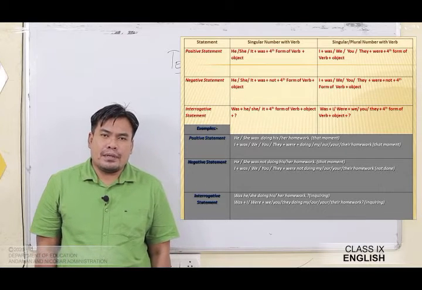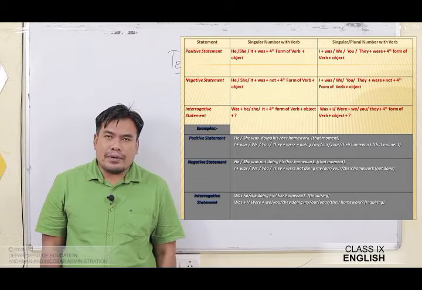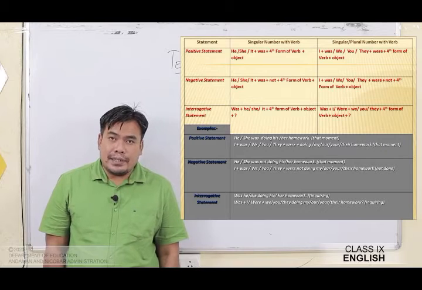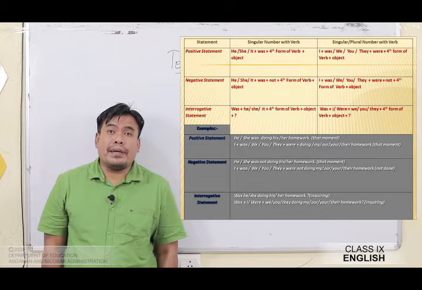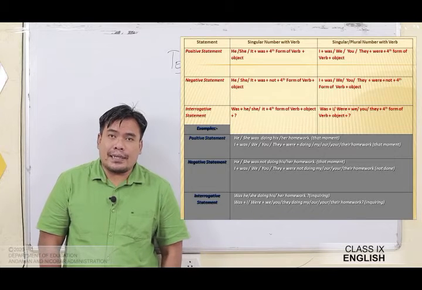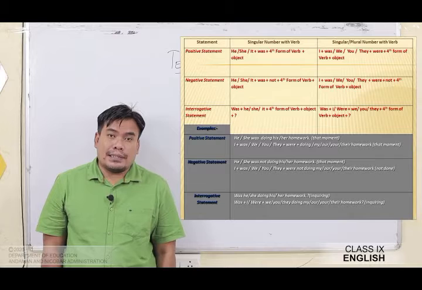Interrogative statement. Whenever we are talking about the interrogative statement in the past continuous tense, was will be coming in the beginning. It will be there in the beginning whenever you are asking or inquiring something. Was plus he / she / it plus the fourth form of verb is going to be applied there.